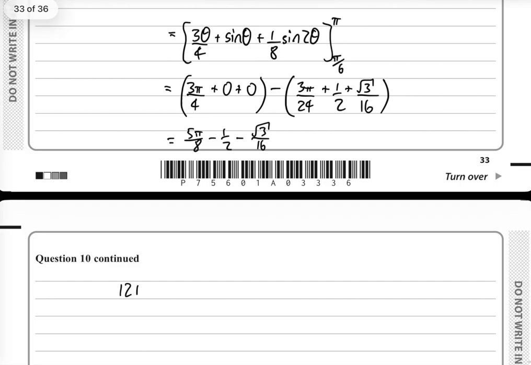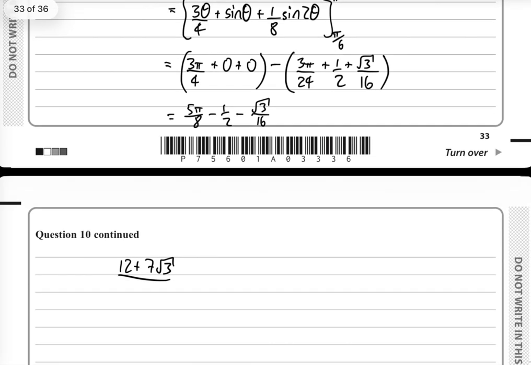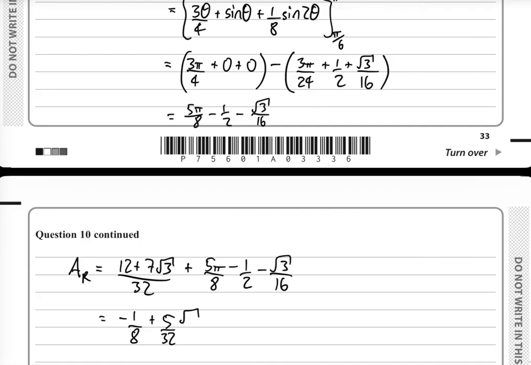So 12 plus 7 root 3 over 32 plus 5 pi over 8 minus a half minus root 3 over 16. Start with the easy one, minus 1 over 8. And for the root 3, that's 5 over 32.